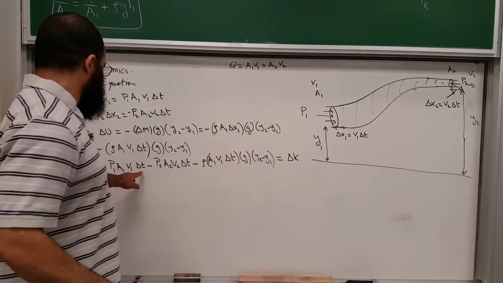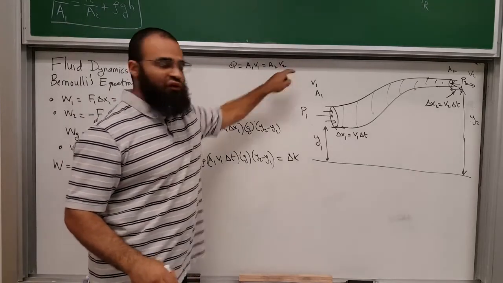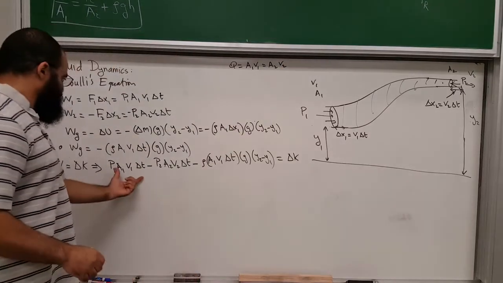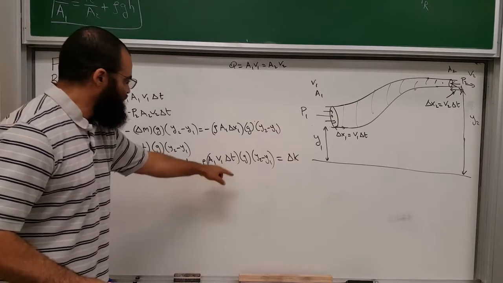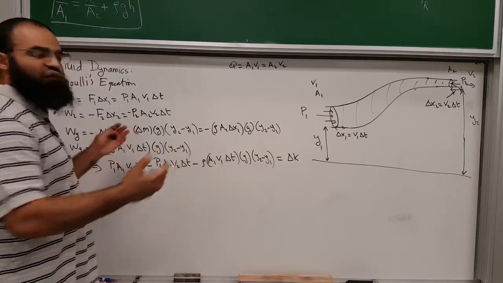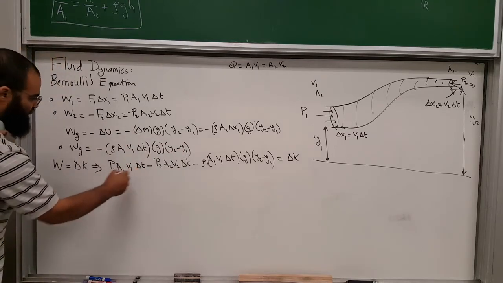So A1 V1 times delta T will equal A2 V2 times that same delta T. They're all A1 V1 delta T, so I'm going to factor that.